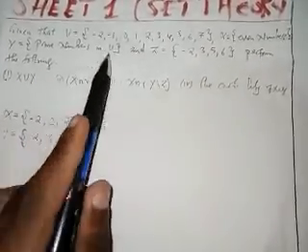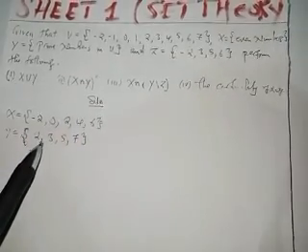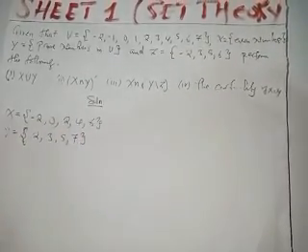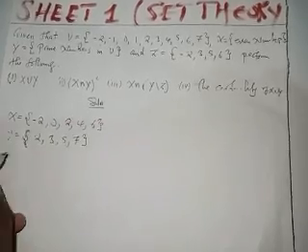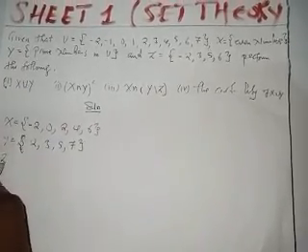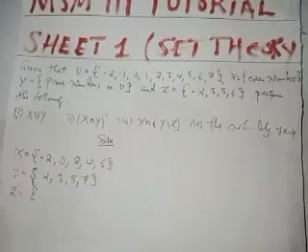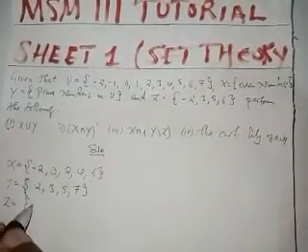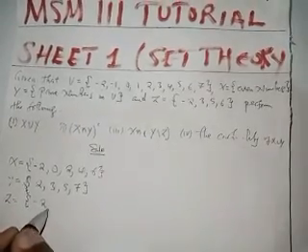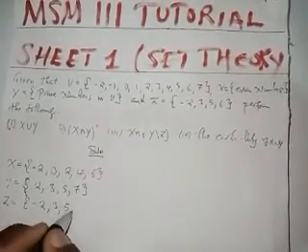So in set U, the universal set, we only have these prime numbers: 2, 3, 5, and 7. And then we have Z, which has been given to us: -2, 3, 5, and 6.